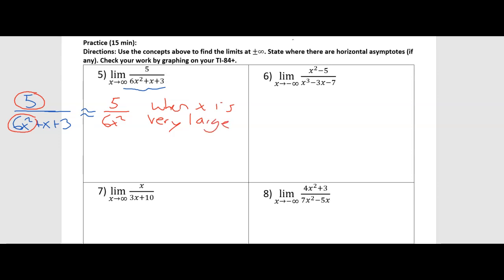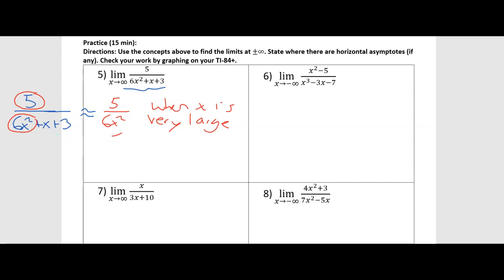That works when x is either very large in the positive direction or very large in the negative direction. The red one is not a very good approximation of the blue one when x is closer to 0. But when x is very large, the leading terms play a much more significant role than the other terms in the polynomials.